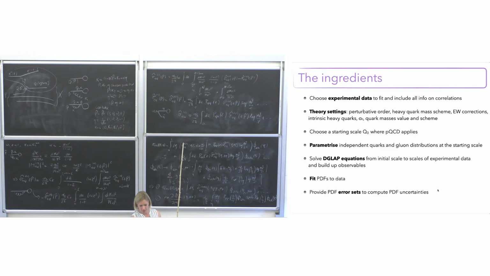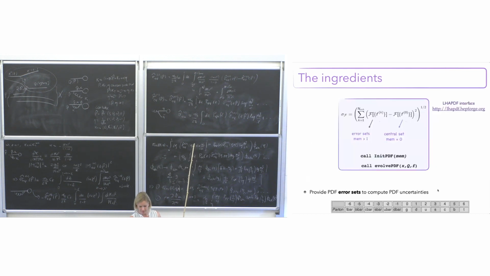And then you also want to provide error sets to compute the PDF uncertainty. So you want to extract a function and an uncertainty in this function due to the finite knowledge we have from the data. We will talk about it more after lunch. And in the end, you give basically all these member sets to the LHAPDF user, and they can compute the PDF uncertainty for any phenomenological study, okay?